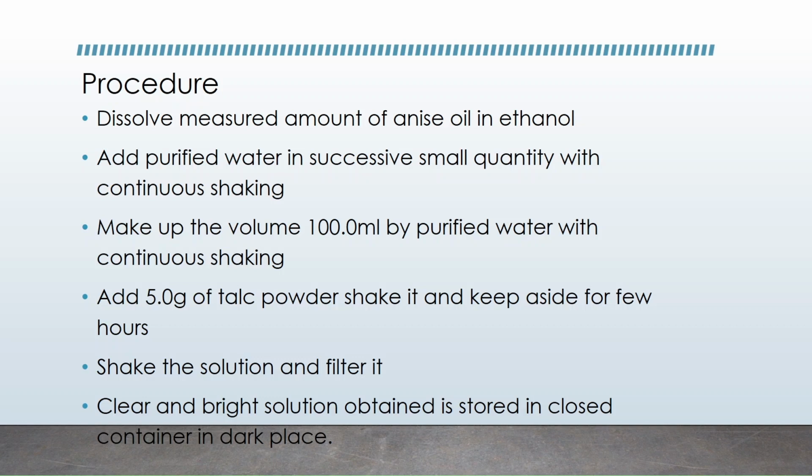You add purified water to your mixture of anise oil in ethanol, and then make sure you continuously keep shaking. After you have added and shaken, make up the volume to 100.0 ml with purified water with continuous shaking.